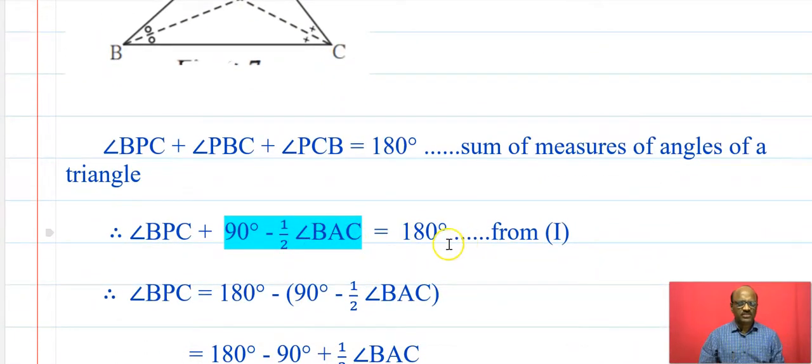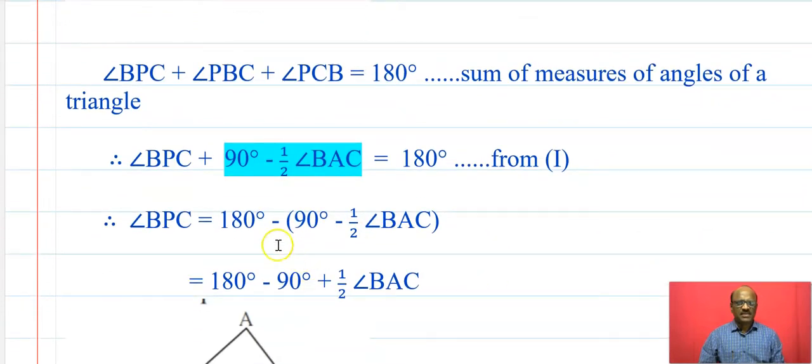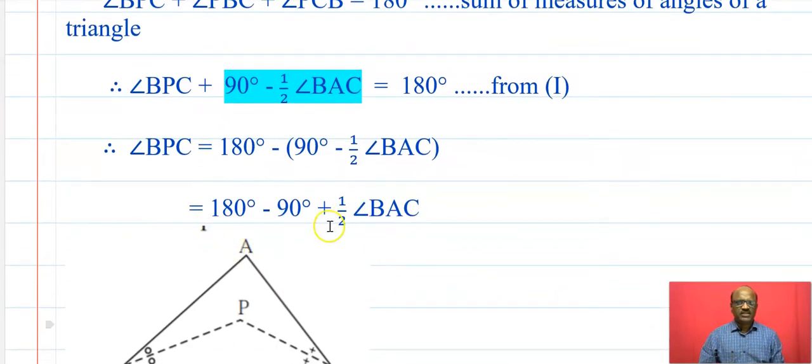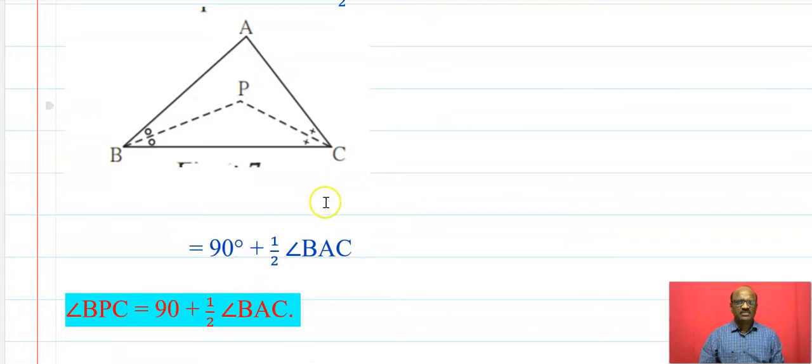Therefore, measure of angle BPC is equal to 180 minus, in bracket, 90 minus 1 upon 2 measure of angle BAC. If you open the bracket, that is 180 minus 90 plus 1 upon 2 measure of angle BAC. 180 minus 90 gives 90 plus 1 upon 2 measure of angle BAC.